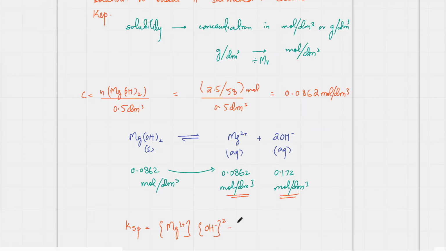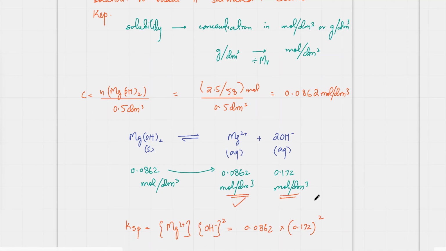I'm going to put in the values: 0.0862, that's the first one, multiplied by 0.172, and that's squared. Is this clear?